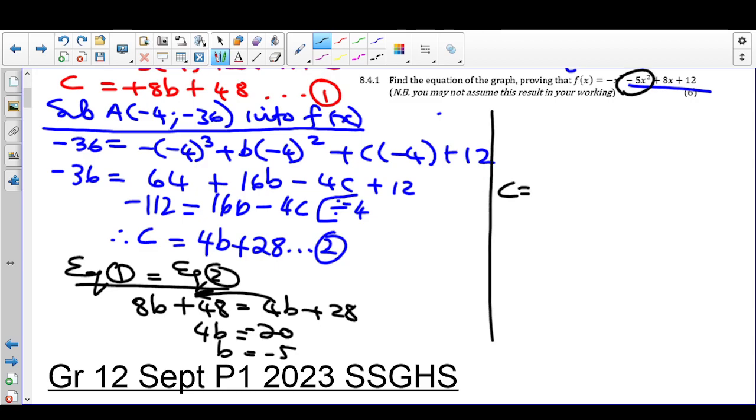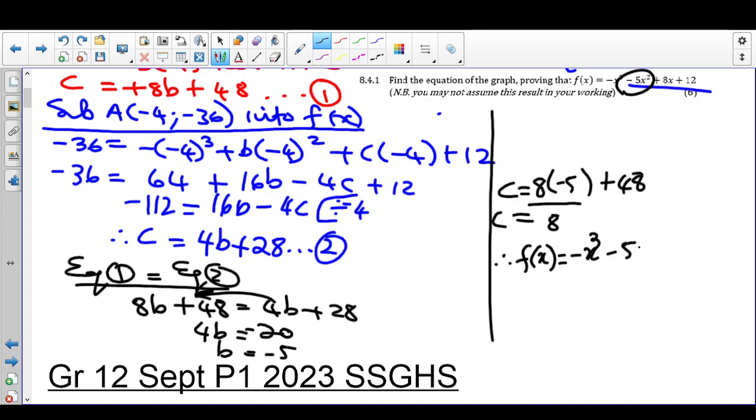So we get c is equal to 8 times negative 5 plus 48, which is negative 40 plus 48, so 8. Therefore, f of x is equal to negative x cubed minus 5x squared plus 8x plus 12. Okay, easy, 6 marks there. Guys, can't believe it's so easy, huh?